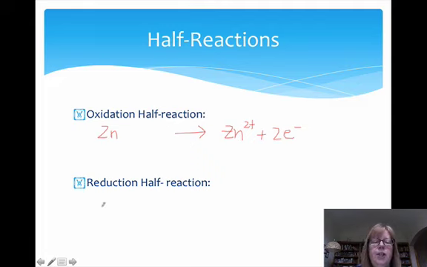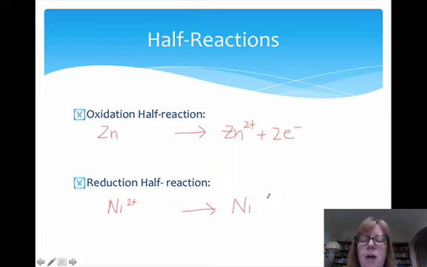All right, reduction. We started with the nickel +2 ion, and we ended up with nickel metal. Which side do the electrons go on? I don't think they go over here, because reduction is gaining, and gaining means it's like a reactant. Here our charge is +2 -2 at 0, and over here 0.